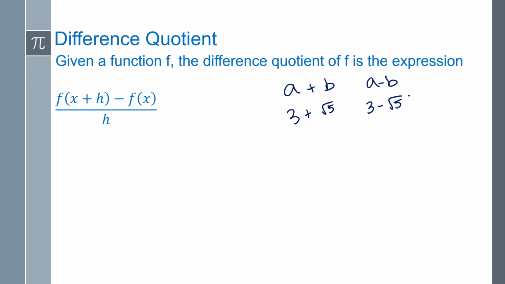All it means is just the symbol, like these two values are the same. So 3 and root 5, 3 and root 5, they're the same. One has a positive, one has a negative. So if I say multiply by the conjugate, you multiply by the missing pair. So if I said 3 plus root 5 and I said multiply by the conjugate, you're multiplying by the missing pair.